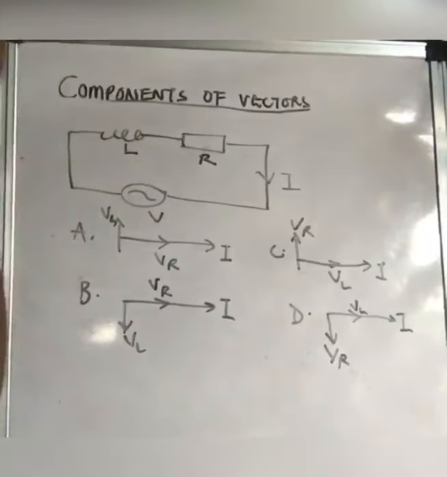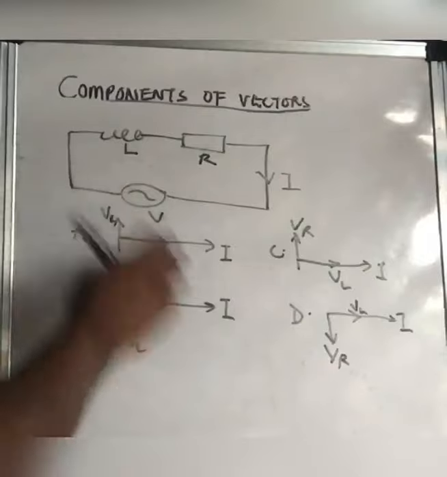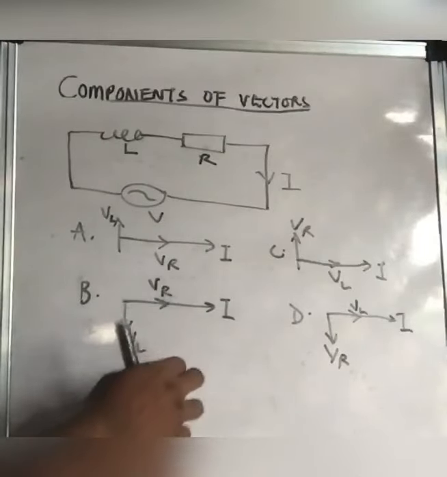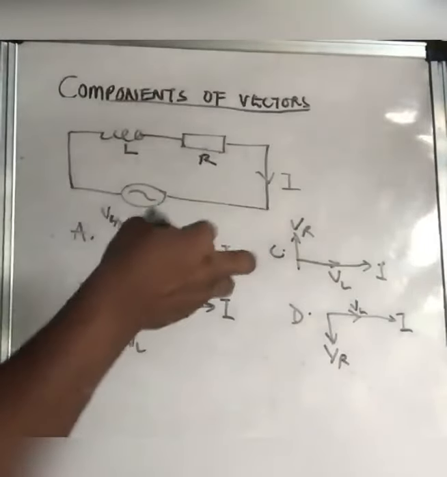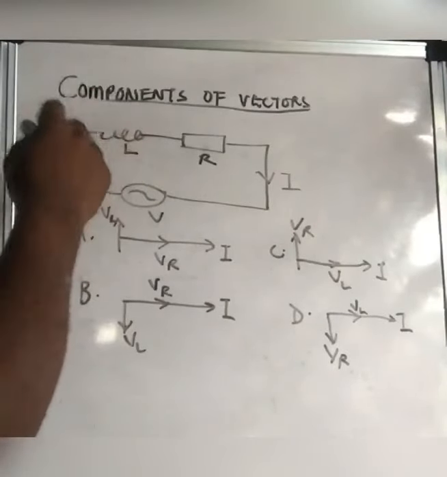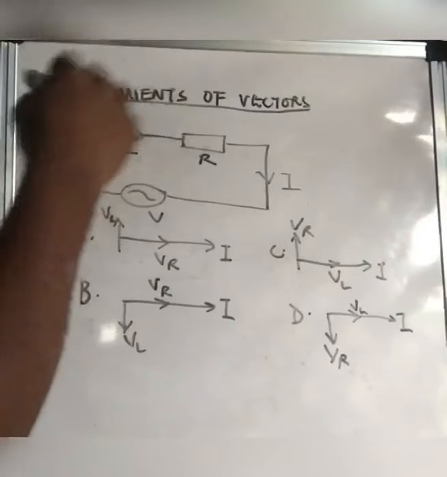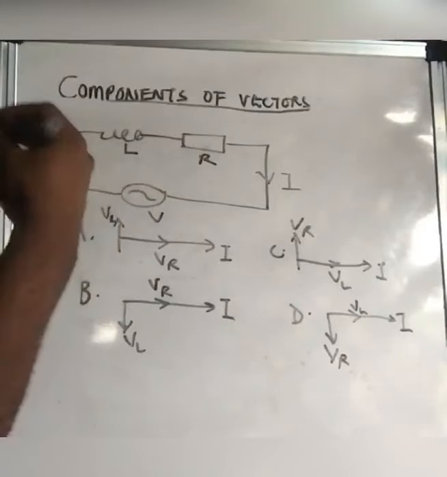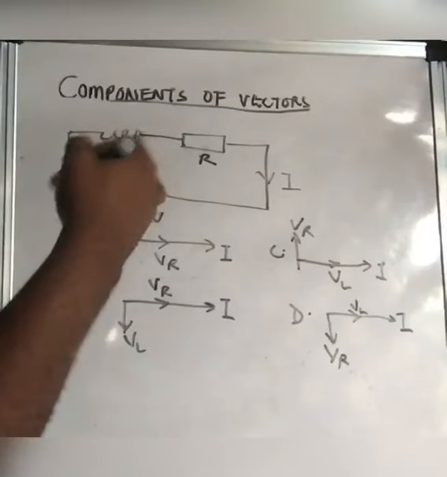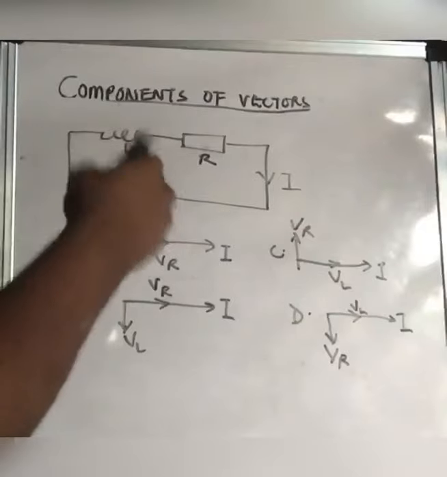So in the case of an inductor, the voltage leads and the current lags. In case of a capacitor, the voltage lags and the current leads. But in a situation where you have both of them in the circuit, depending on their value, the voltage might lead or lag, and the current might lead or lag, depending on the values of the capacitance and the inductance.